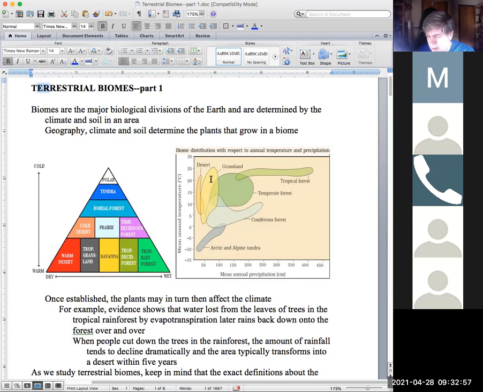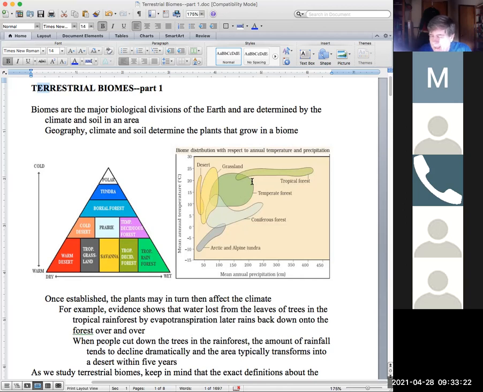Warm temperatures are at the top, cold temperatures are at the bottom. And one of the things to notice is that this doesn't show all the biomes that were shown on the left, but most of the biomes have an area that they occupy that's really unique to them. But at the same time, there's some overlap. So you might question, how can there be some overlap?